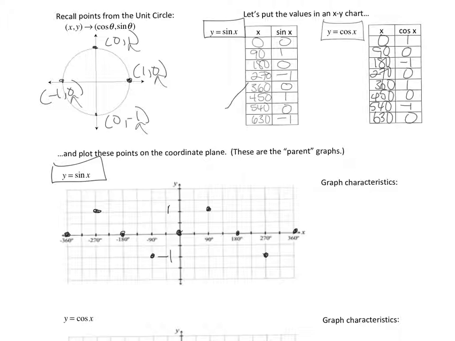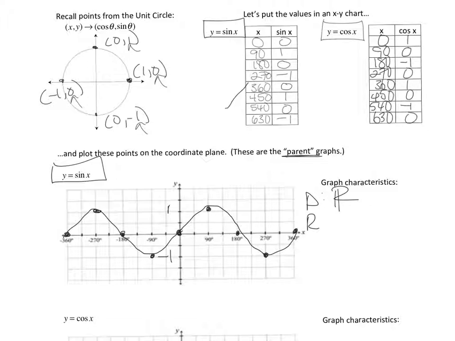So if we draw in, connecting these points with a nice smooth curve, this is what the sine curve looks like. So this is the parent function, the most basic sine curve we could have. Some of its characteristics, we could talk about the domain. We can find the sine of any angle measure, so my domain is all reals.